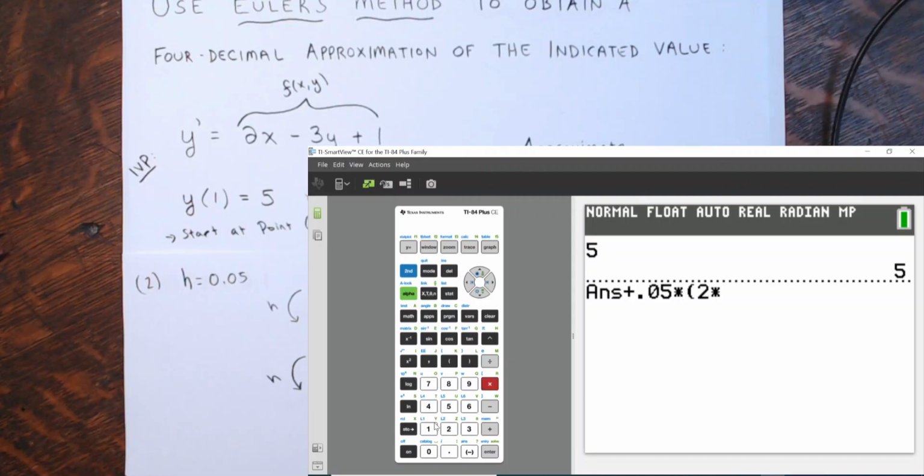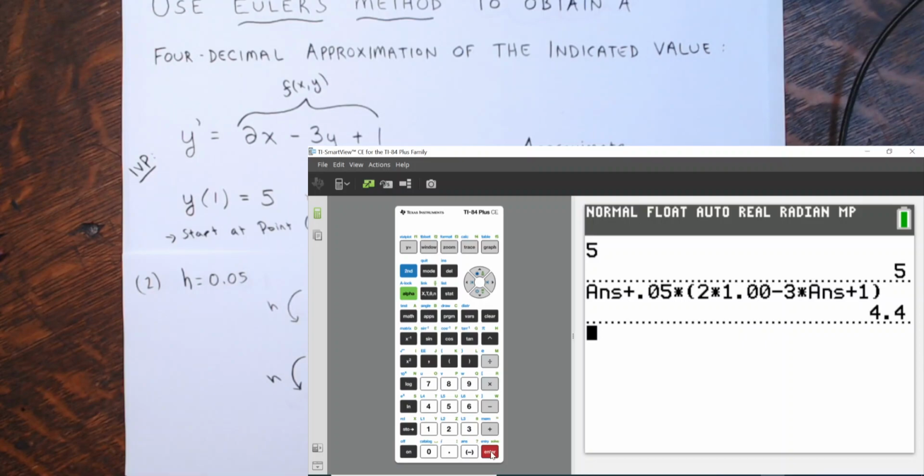I'm going to go 2 times, x0 is 1.00, minus 3 times y sub 0, which was the previous answer. When I see y sub n, I'll just put in the previous answer, plus 1. And enter. You see the 4.4, exactly like I got when I wrote it out. y sub 1 equals 4.4.